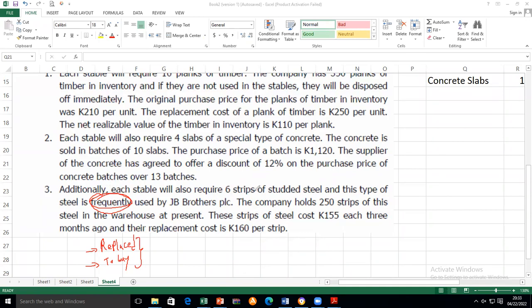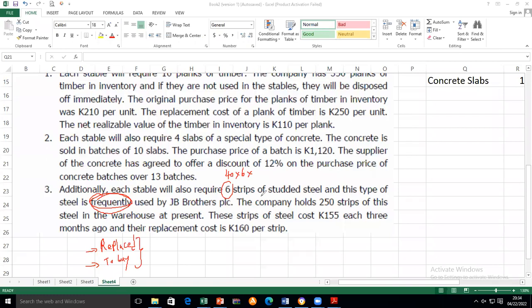Each slab will also require 6 strips. So how many slabs are we doing again? 20 or 40? 40. So it's 40 multiplied by 6 multiplied by the purchase price.